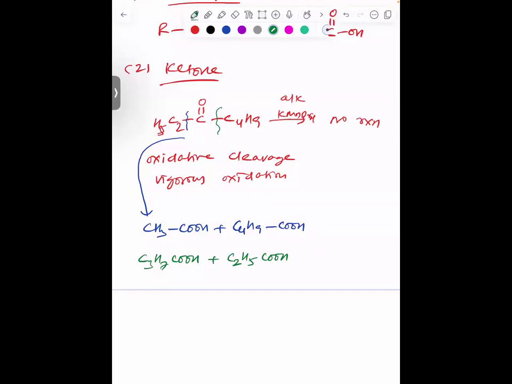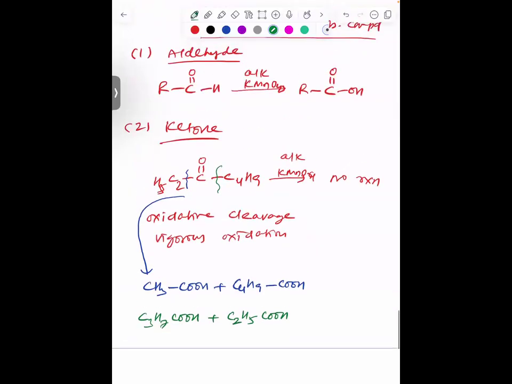Aldehydes can easily undergo oxidation to form carboxylic acid, whereas ketones do not undergo oxidation under normal condition, but under vigorous condition the oxidative cleavage takes place to form a mixture of carboxylic acids.